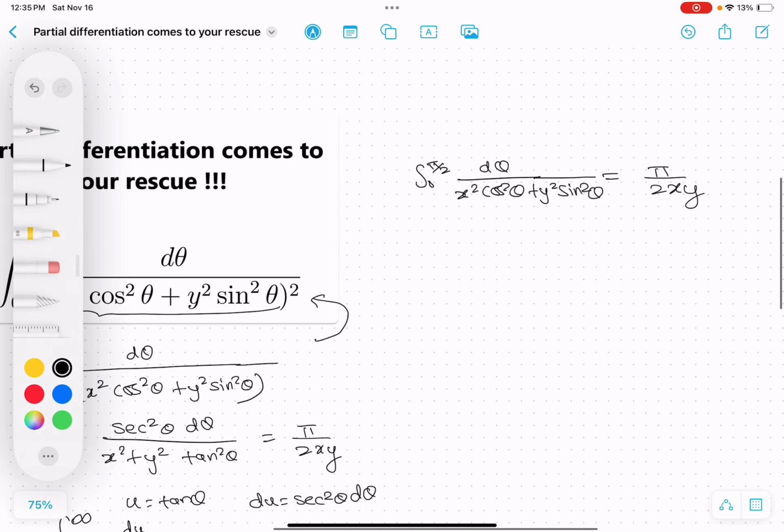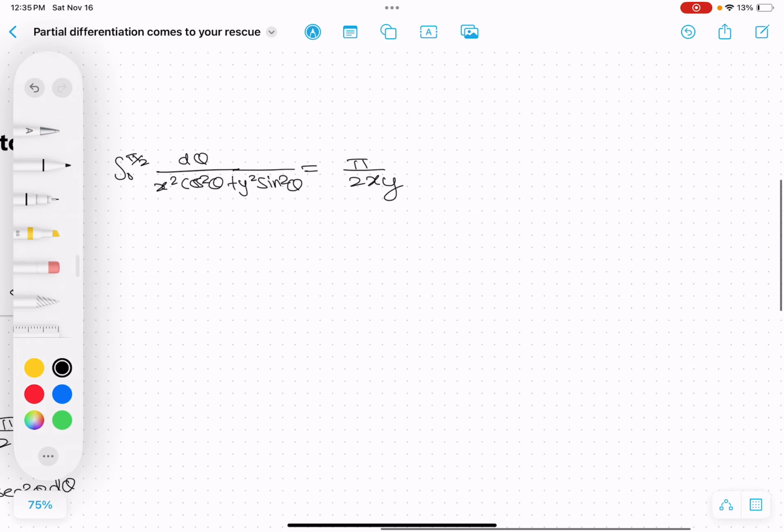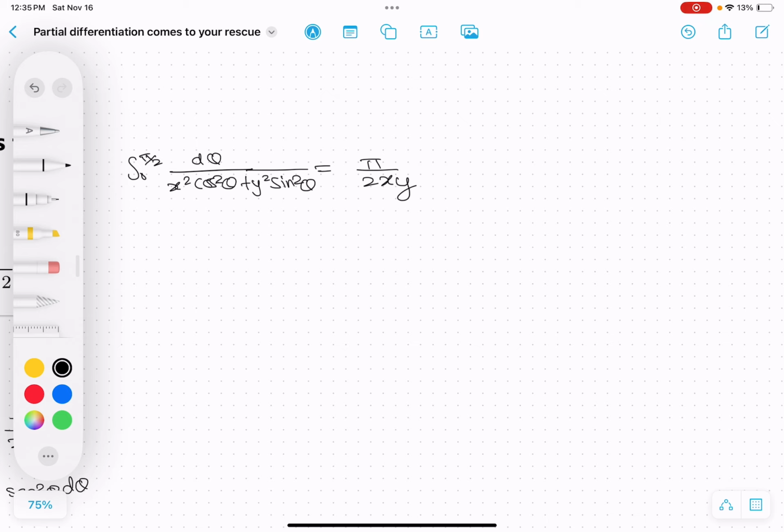Now, okay, we want to get the square in the denominator, right? So what you can do is, let's partially differentiate both sides with respect to x. If we partially differentiate both sides with respect to x, notice that all these other things, thetas and y's, will be constant.